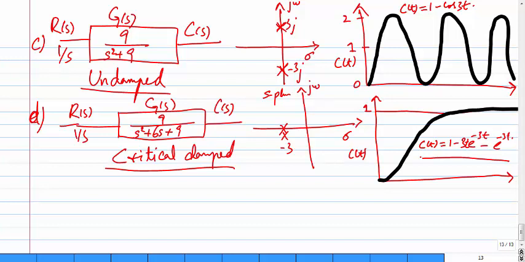Now we just discussed all those responses that lie either on the j omega axis or on the left hand side. This means that we are interested in stable system response.